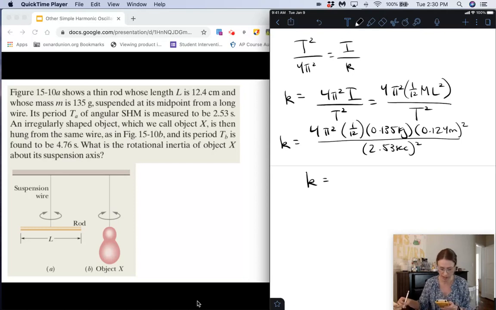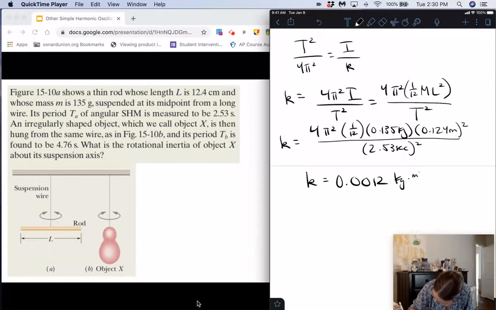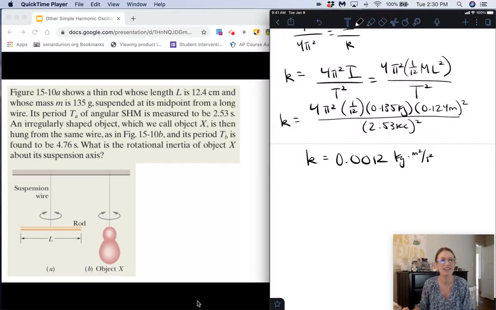And for that, we get about 0.0012. The units for kappa, if we look at our units here, are kilograms times meters squared over seconds squared. Not that it really matters that much. And now we have our torsion constant.